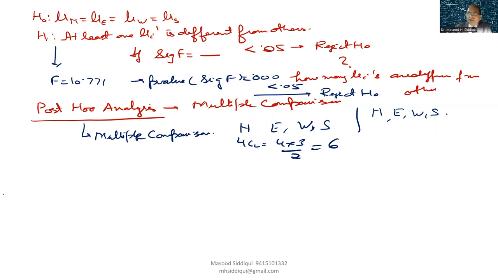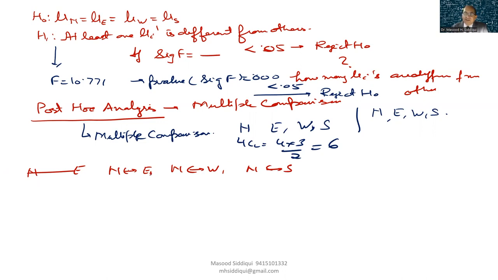The six comparisons would be in the form of northern and eastern, northern and western, and northern and southern. Obviously, there is no point of comparing northern with northern.